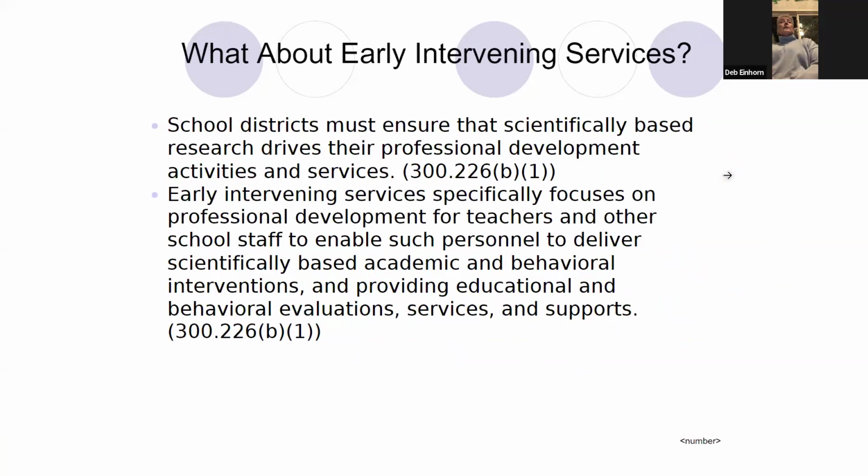And that requires professional development for teachers as well, so that if these extra services are provided in addition to what all the other students are getting, and might include some early intervening services paid for through special education funds, those services will have to be done with research-based effective strategies.